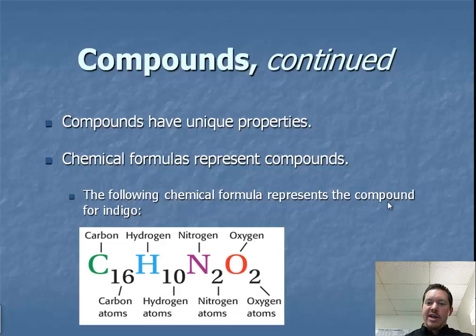If we look at a simpler formula, say water, which is H2O, this says we have 2 hydrogens, and we've got an O written here, but we don't have any subscript. When that happens, we assume it to be 1, because we did write the element symbol. We don't have to write the subscript when there's only 1. So this says there's 1 oxygen, 2 hydrogens.